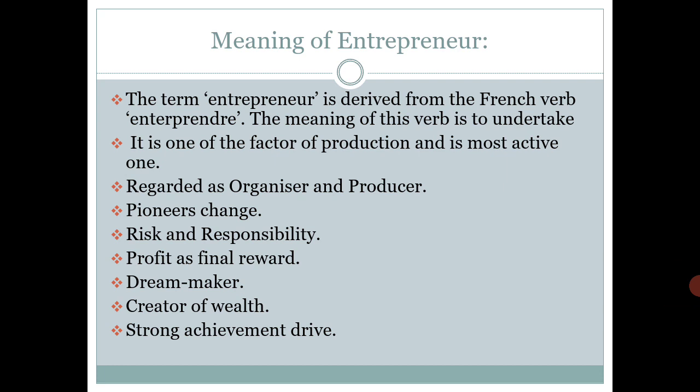So when we consider land, labor, capital, entrepreneur, land and capital, these two resources can be included under physical resources, and when we consider laborer and entrepreneur, these two resources can be included under human resources.